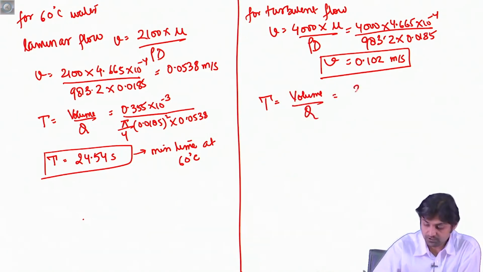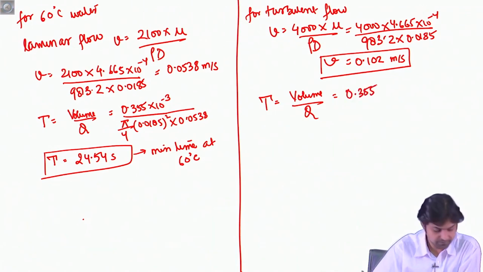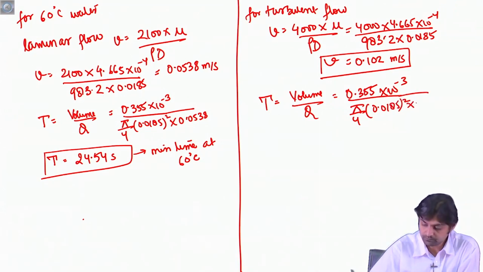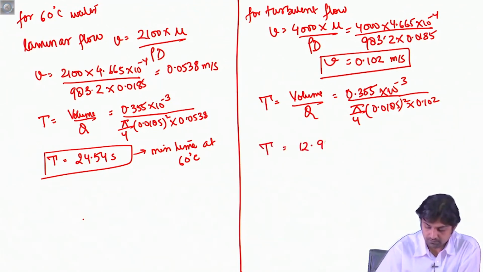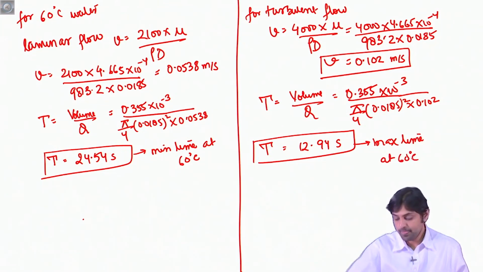The volume is 0.355 into 10 to the power minus 3 divided by the discharge. This gives the maximum time at 60 degrees centigrade.